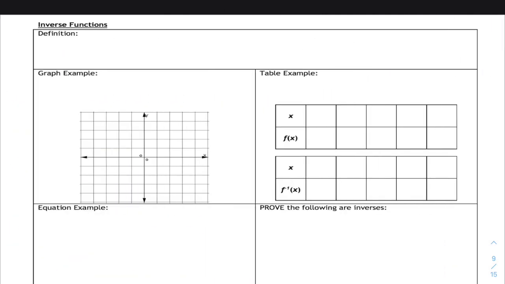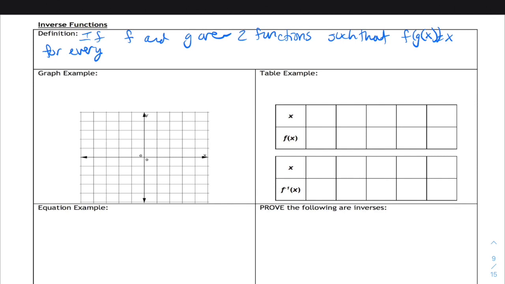Okay. Now let's go ahead and talk about inverse functions. So now this is our definition here. If f and g are two functions such that f of g of x equals x, for every x in the domain of g. And now this is going to be the other direction.